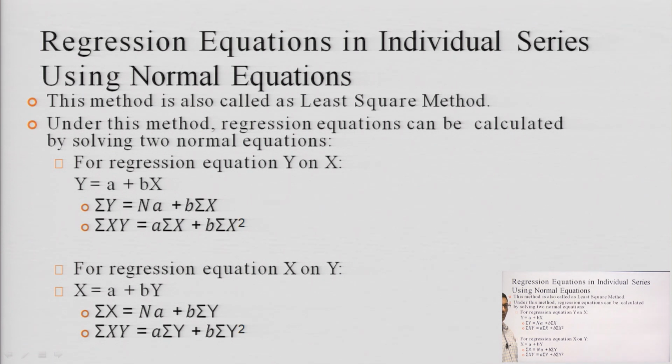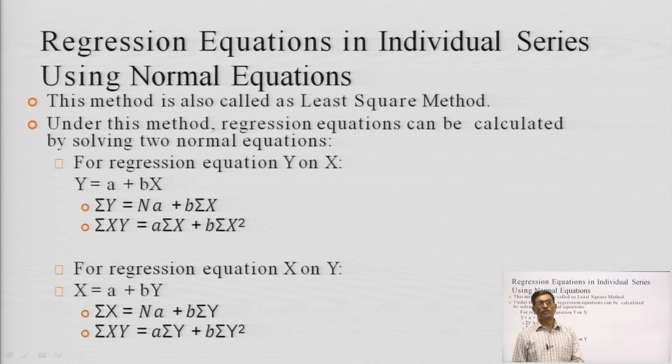The second normal equation is summation x y equal to a summation x plus b summation x square, where summation x y is the sum of the product of values of variables x and y, and summation x square is the sum of the x square values.